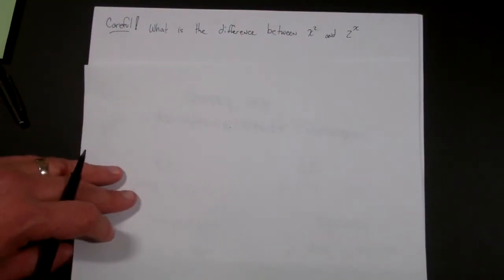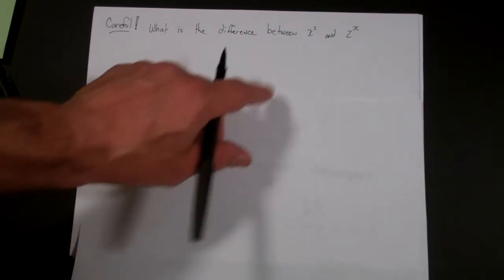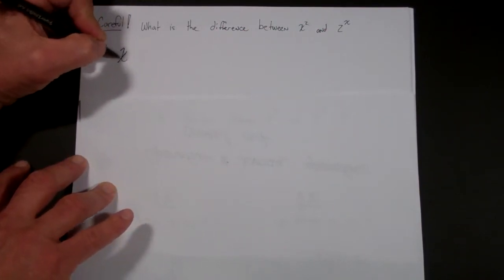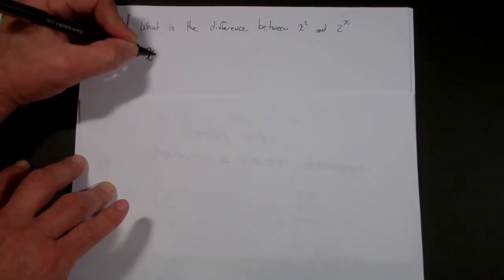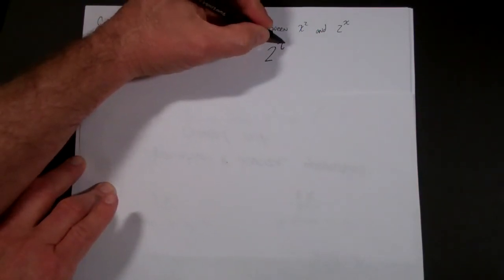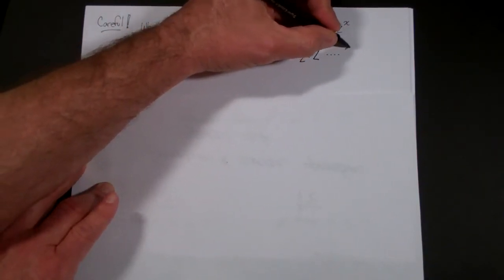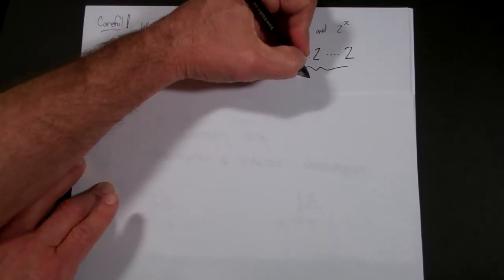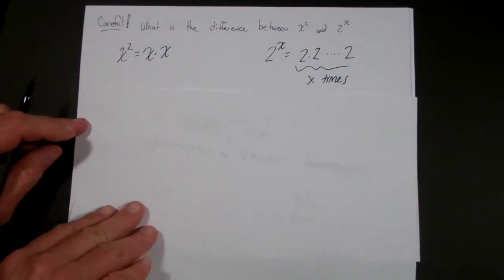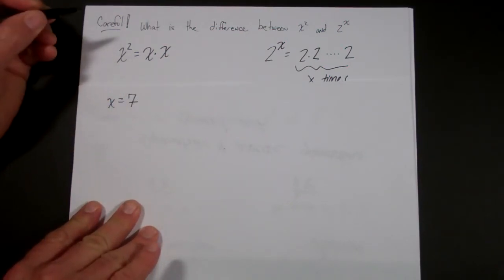So now, in order to go on, we need to make very clear the difference between what x squared is and 2 to the x. So x squared means x times x, whereas 2 to the x means 2 times 2, a total of x times. So for example, let's say x is equal to 7.